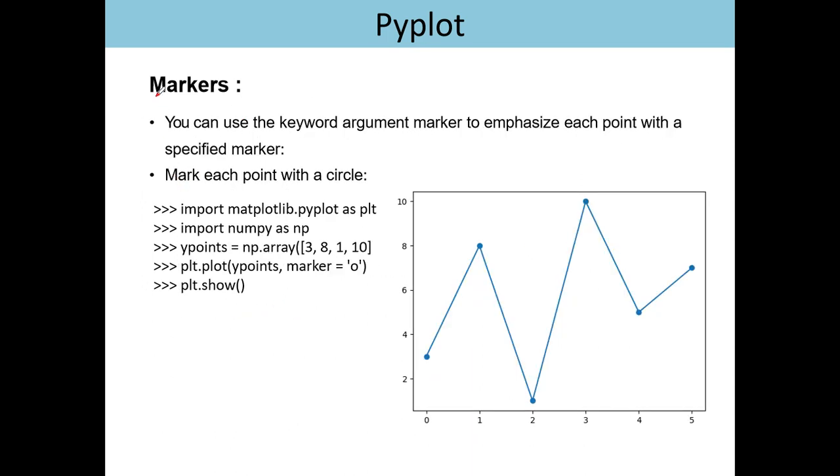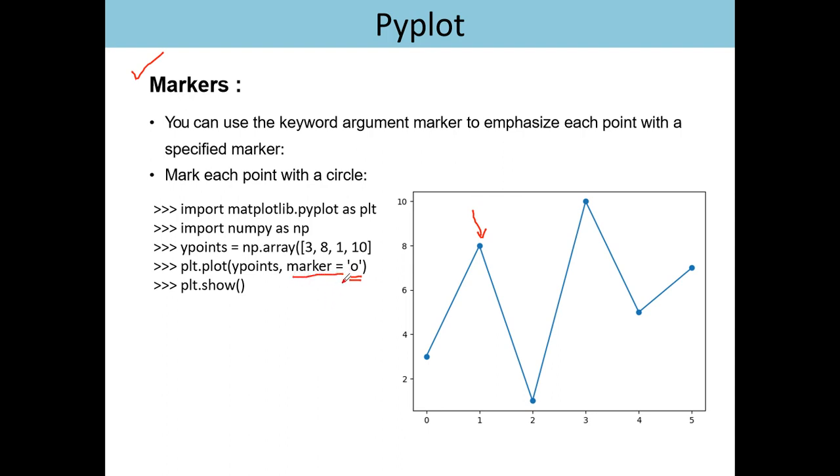Now we have something called markers. What is a marker? See here, you can change that o, that small little circle. We have many markers here. If you want to change the figure, you can do it just by passing this argument.